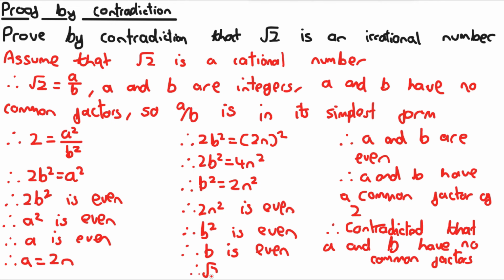Therefore, root 2 is an irrational number. And we've done the proof by contradiction. We said that a and b have no common factors, but they have to have a common factor of 2. So we've contradicted ourselves, so therefore our assumption has to be false, so therefore the original statement has to be true. So just remember for proof by contradiction questions to follow this template of the one that I showed before.